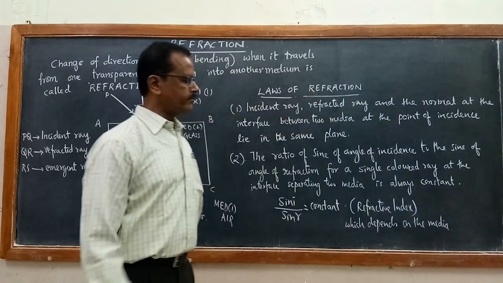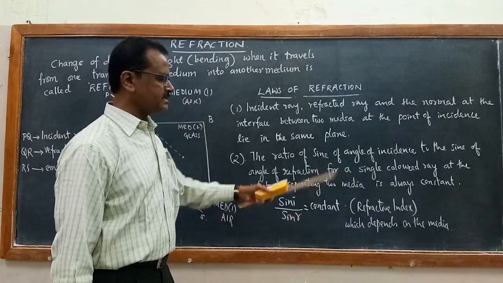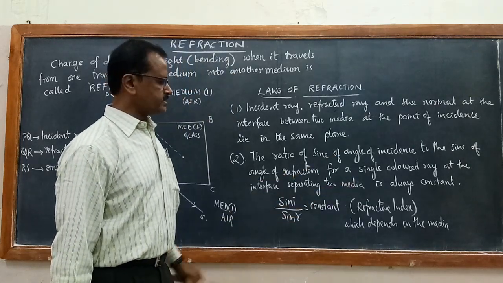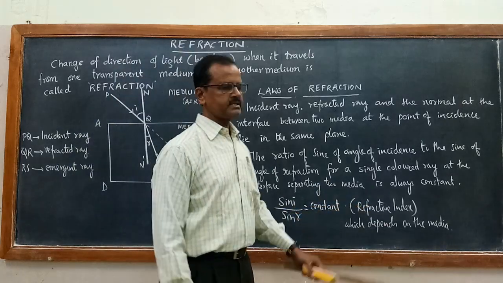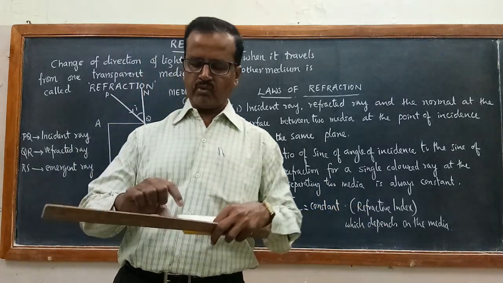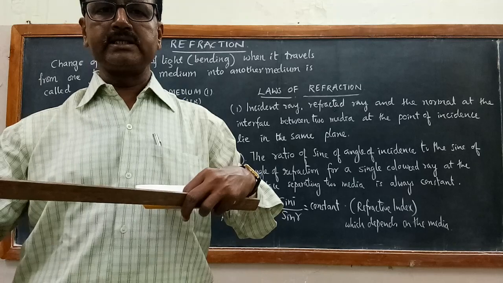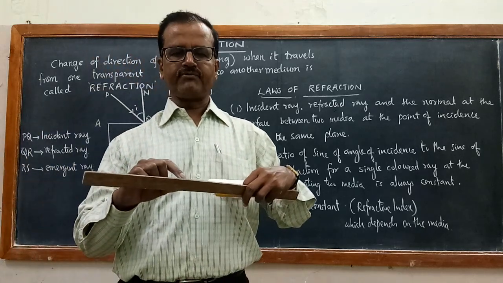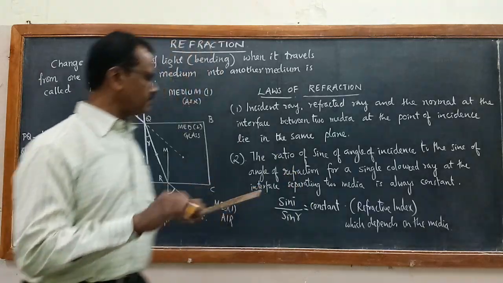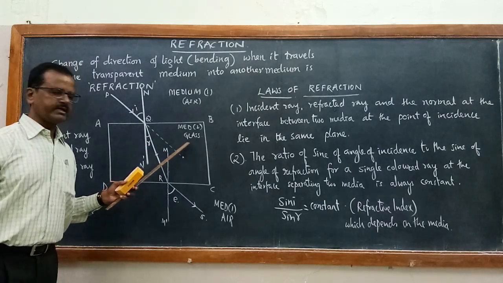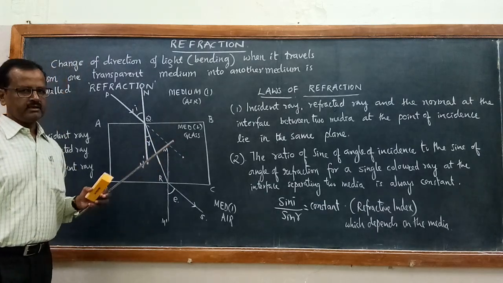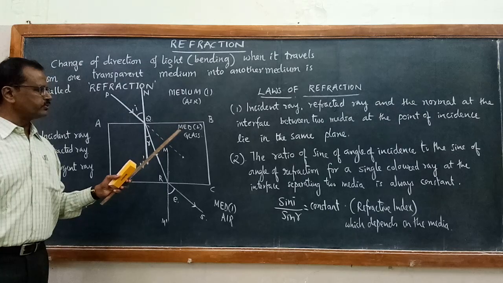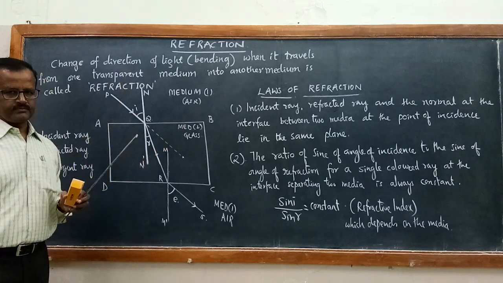So it is also called relative refractive index, because this refractive index is not defined only for one particular medium. It is always defined for a pair of media. For example, here I am defining refractive index of glass with respect to air. Refractive index of glass with respect to air is 1.5.